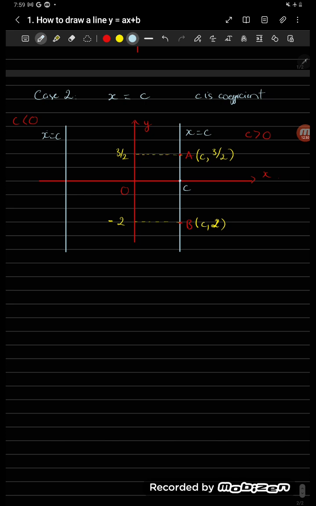Now we have case 3: y equal to ax plus b, but the value of b here equals 0. So if b equals 0, then the line is y equal to ax.